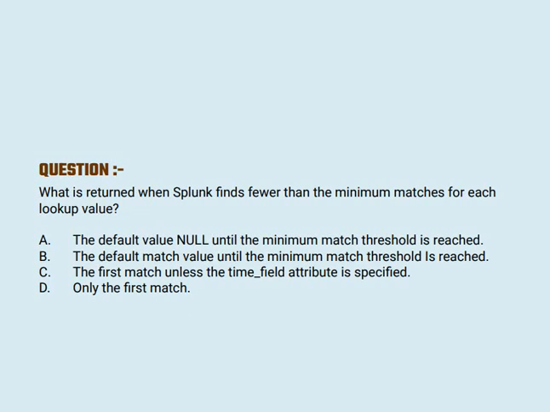Next question is: what is returned when Splunk finds fewer than the minimum matches for each lookup value? Option A, the default value null until the minimum match threshold is reached. Option B, the default match value until the minimum match threshold is reached.